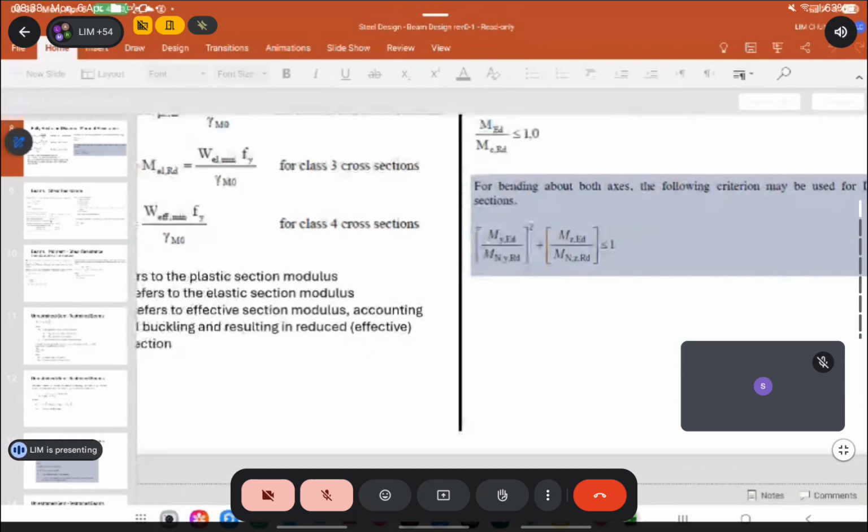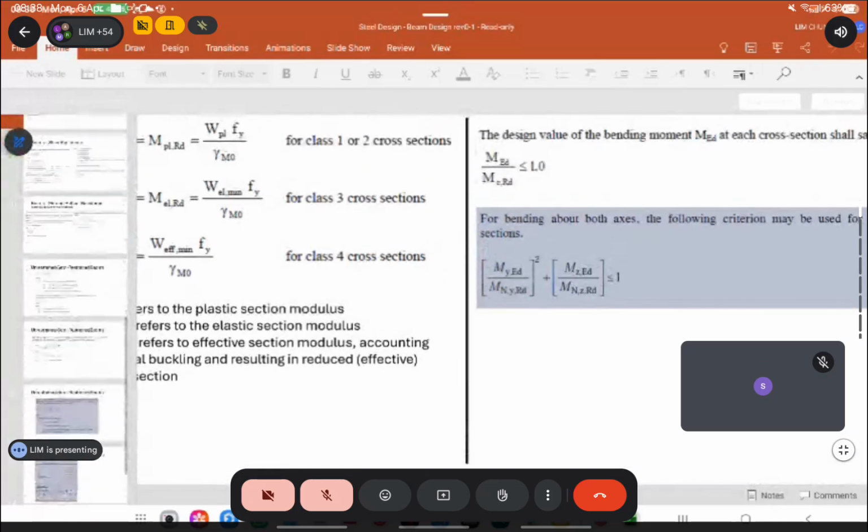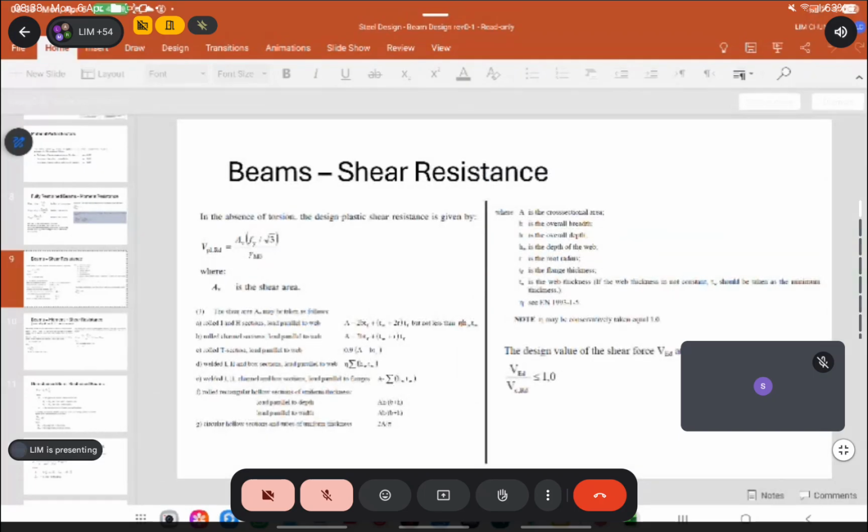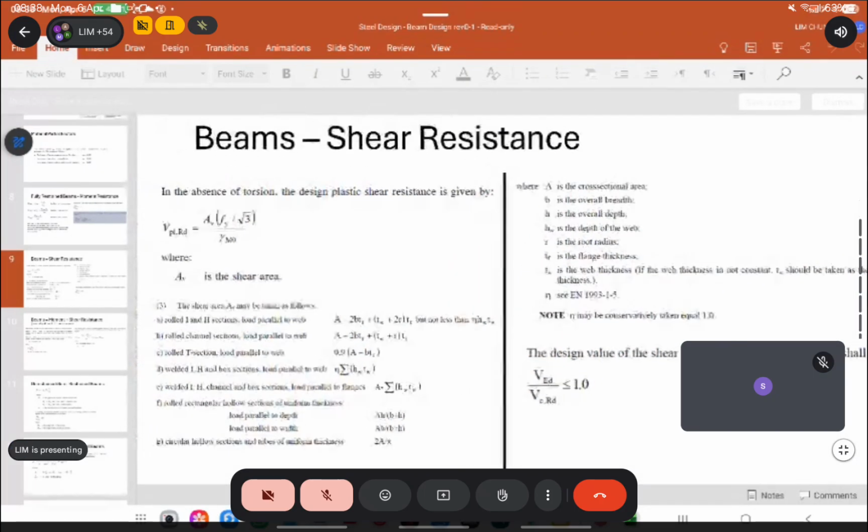Now, what happens if you have shear? Shear resistance is here, the formula.